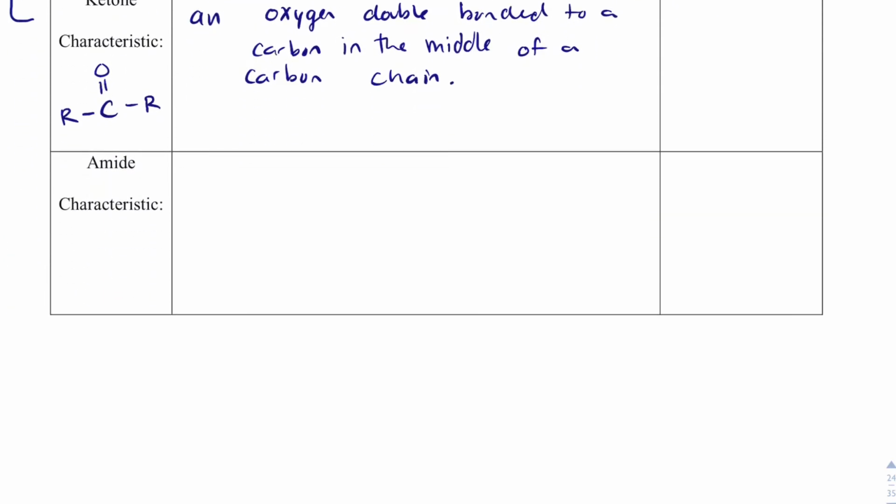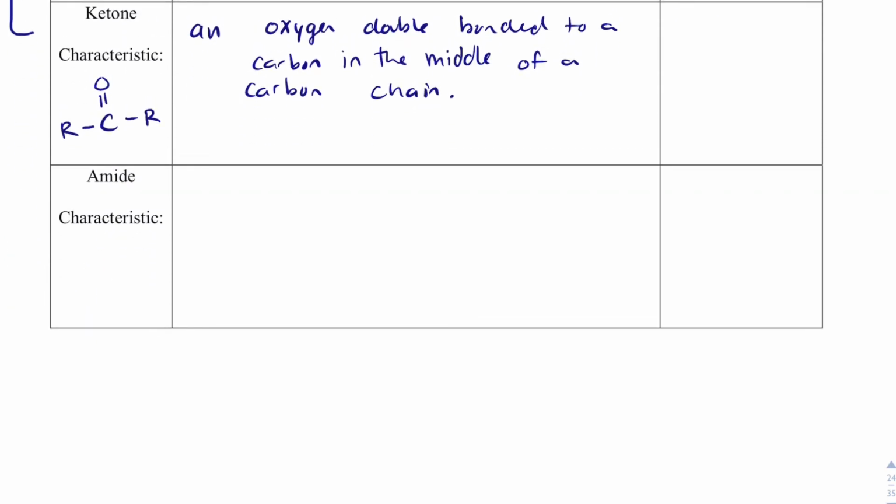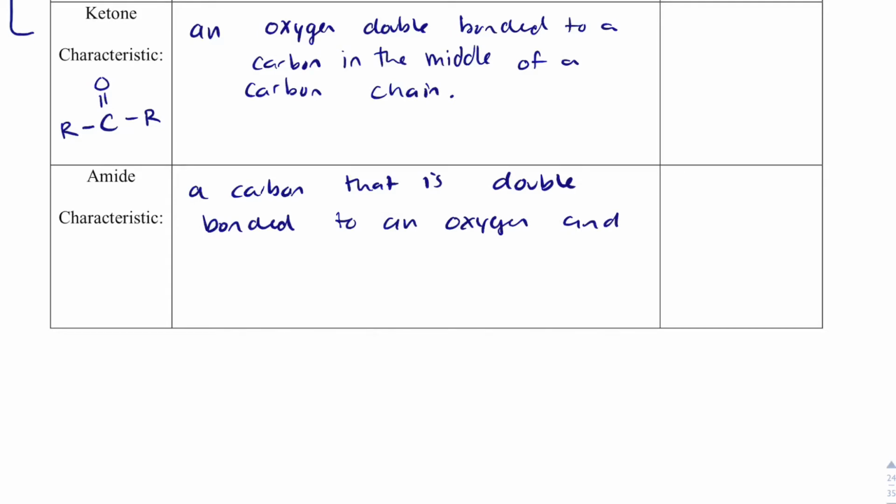Now, we're going to have amides, and an amide is going to be a carbon that is double bonded to an oxygen and single bonded to an amine group.